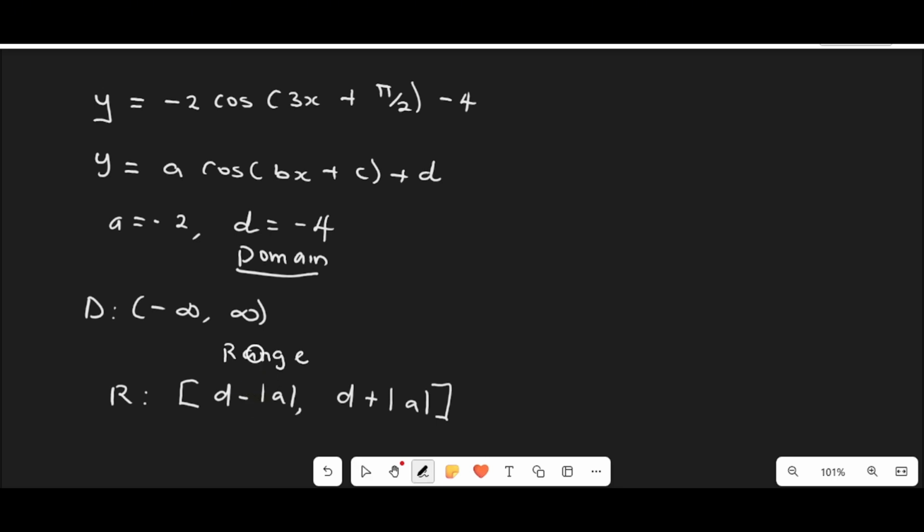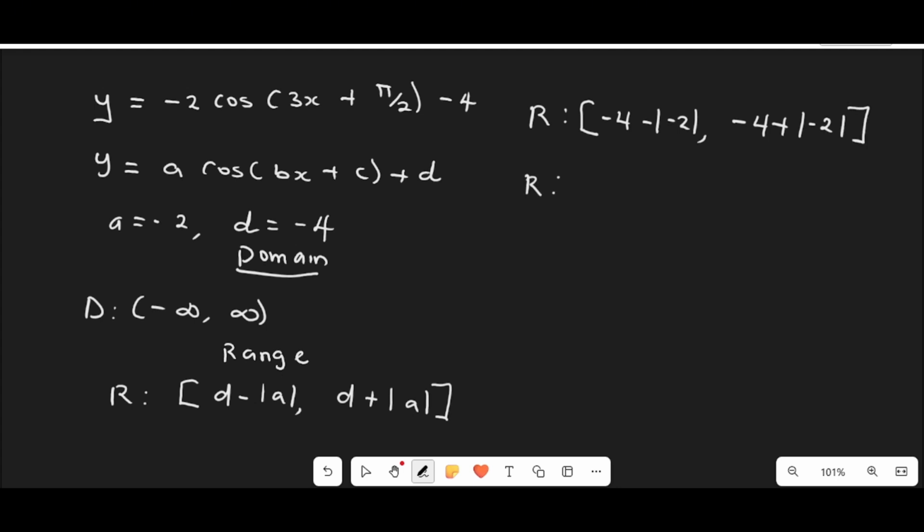Let us substitute the value of d and a into this expression. Range is [minus 4 minus absolute minus 2, comma, minus 4 plus absolute minus 2].